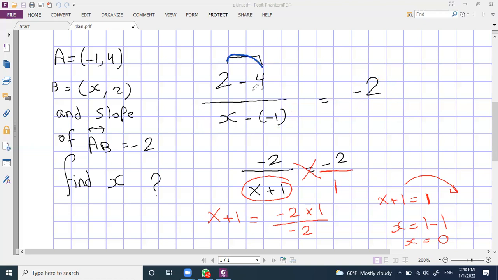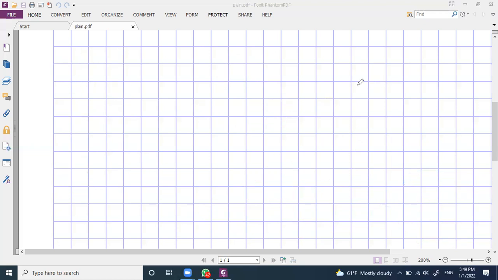So 2 minus 4 equals -2, and a negative over a negative will be positive. So it's x plus 1. How can we find x plus 1? Do cross multiplying. So x plus 1 equals 1. Move 1 to the other side, 1 minus 1, then x equals 0.